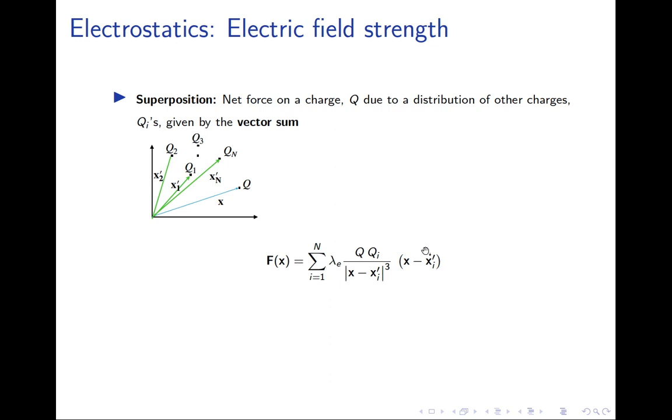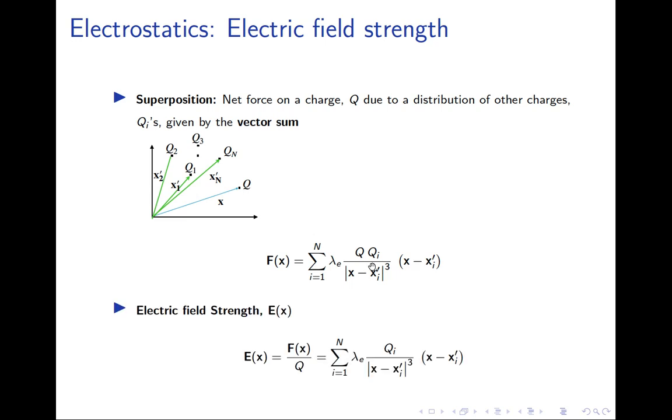So this individual element of the sum is the force on q due to the ith charge, right? It depends on, as I said, x minus xi' divided by the modulus of that, cubed. Lambda is, of course, the proportionality constant. So I'm talking about the general units now. And then the sum tells you this is a vector sum.